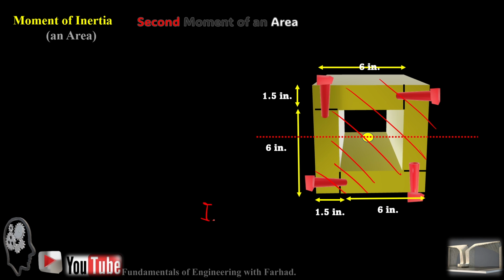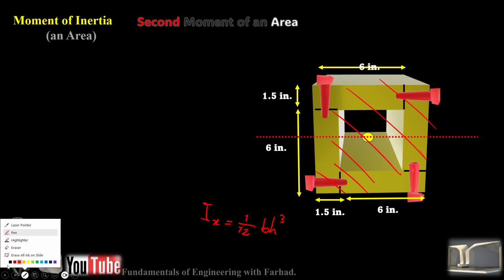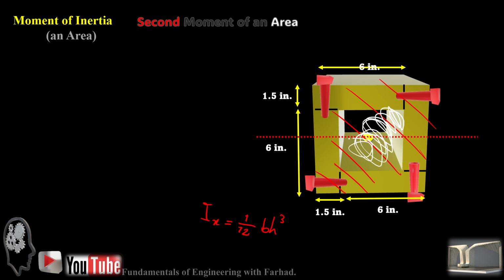The Ix, which is 1/12 base cubed height for the big triangle, and then consider just the smaller internal area and just subtract that 1/12 base prime h prime cubed.